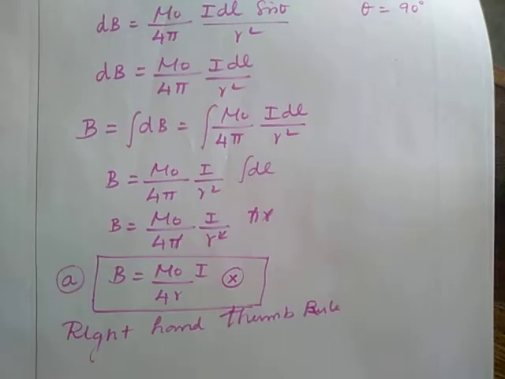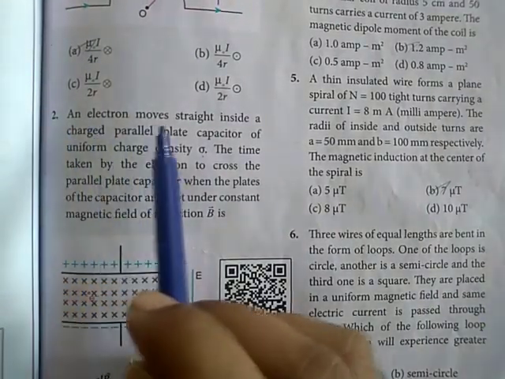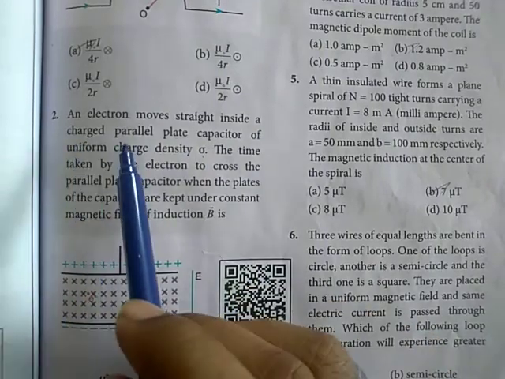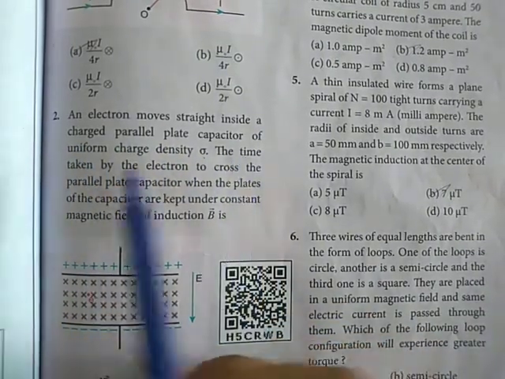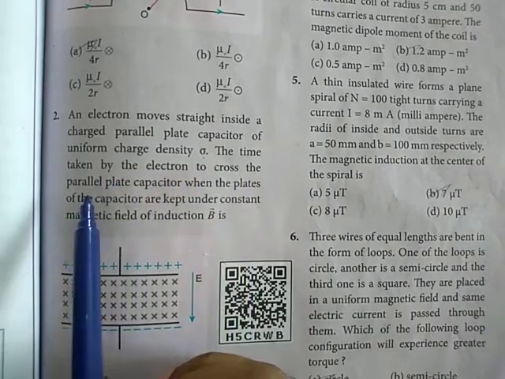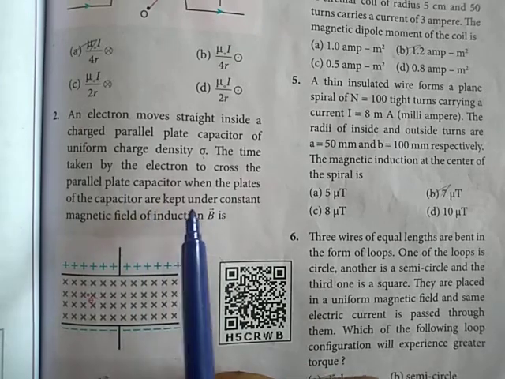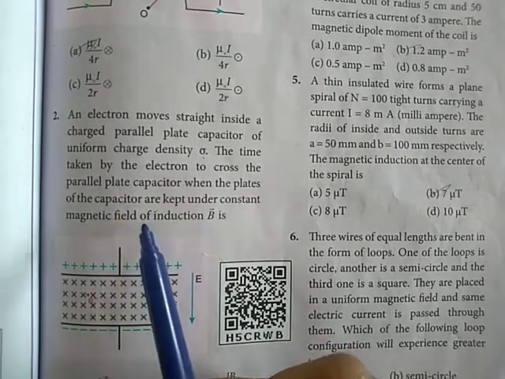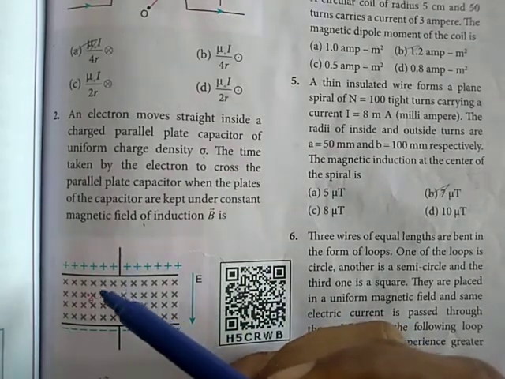Okay, then question number 2. An electron moves straight inside a charged parallel plate capacitor of uniform charge density sigma. The time taken by the electron to cross the parallel plate capacitor when the plates of the capacitor are kept under the constant magnetic field of induction B vector is. Here they have given a parallel plate capacitor.